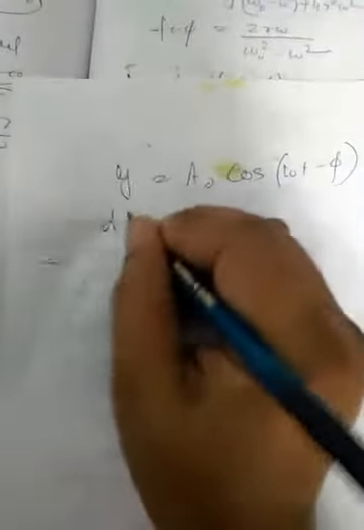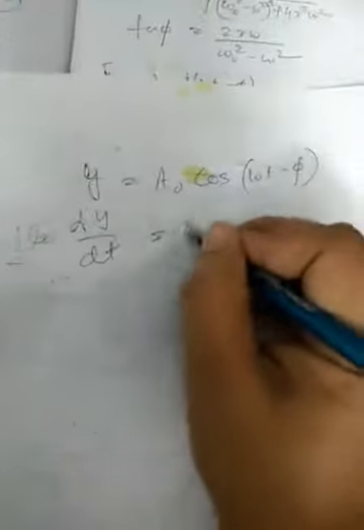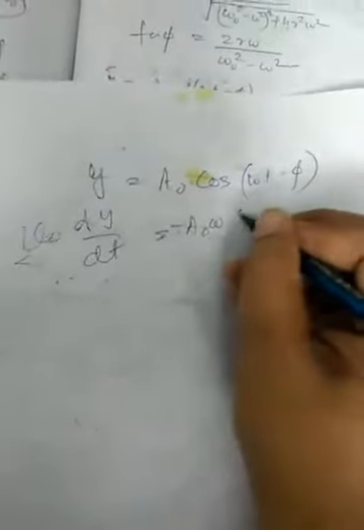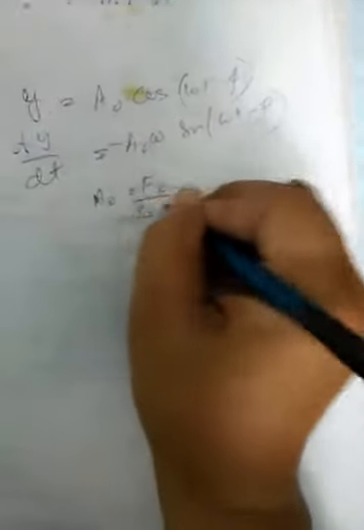Now up to that we have found the velocity. So we know that A is equal to this one. So dy by dt, that is the velocity, is equal to minus a naught omega sine of omega t minus phi. But we have found that this a naught is equal to f naught by omega Zm.